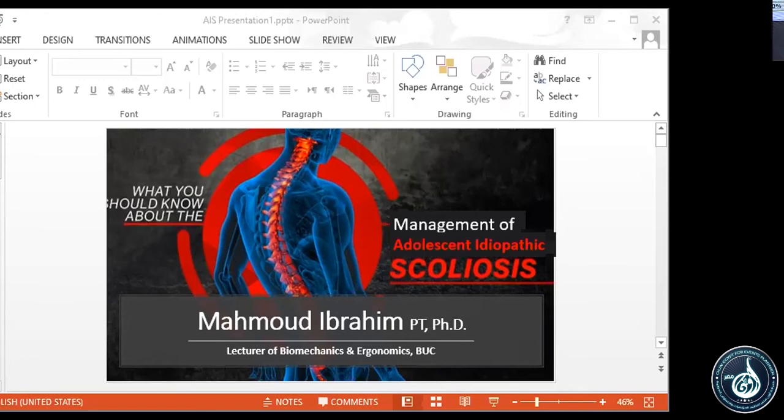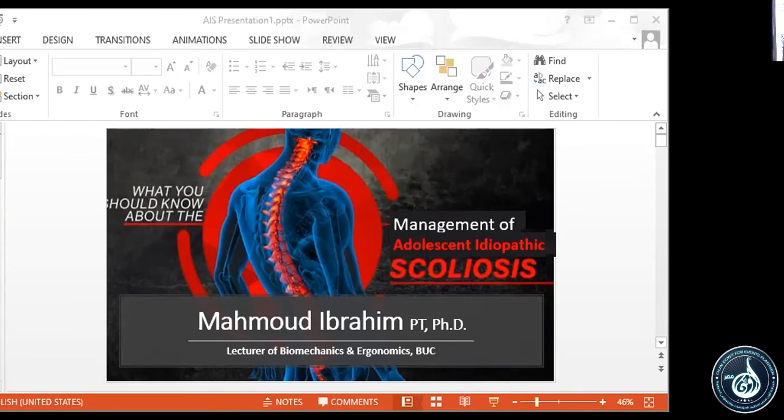So as we can see in this table, less than 20 degrees of Cobb angle with over age of 16, there is no risk of progression. While a Cobb angle of more than 60 degrees at age of 10 to 12 years means 100% risk of progression, which means that whatever physiotherapy you are doing, these patients are going to deteriorate.